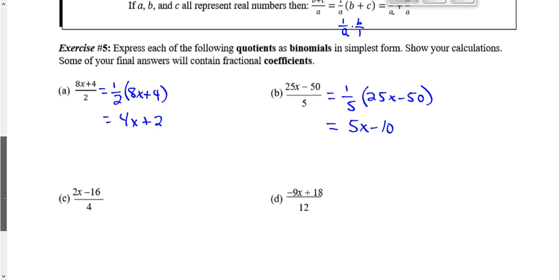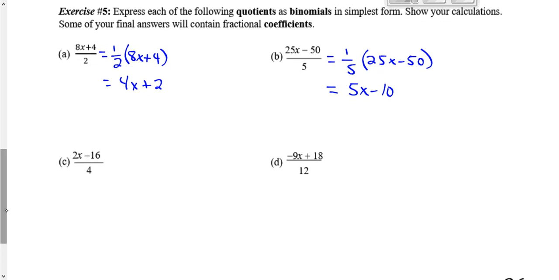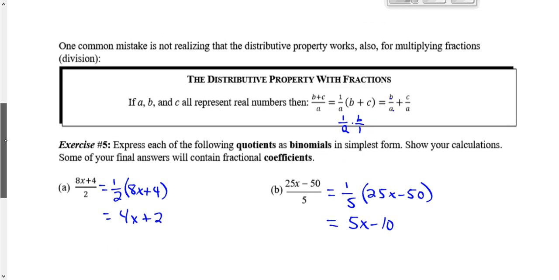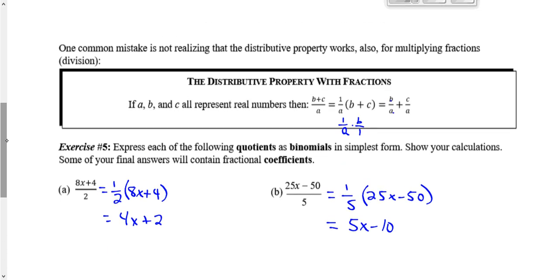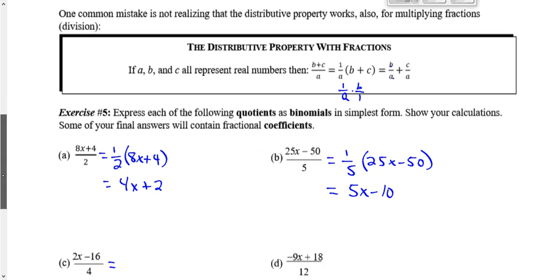All right, I'm going to let you try C and D here real quick. With C and D, after we get to this step here, you might want to rewrite it so it looks like this, and then maybe put things in lowest terms. Give it a try.